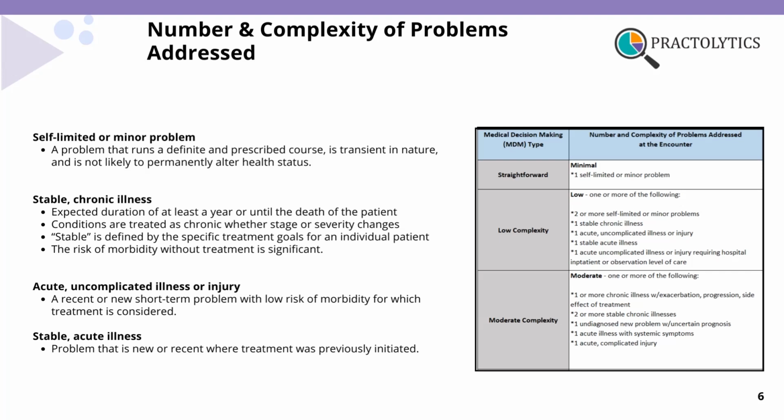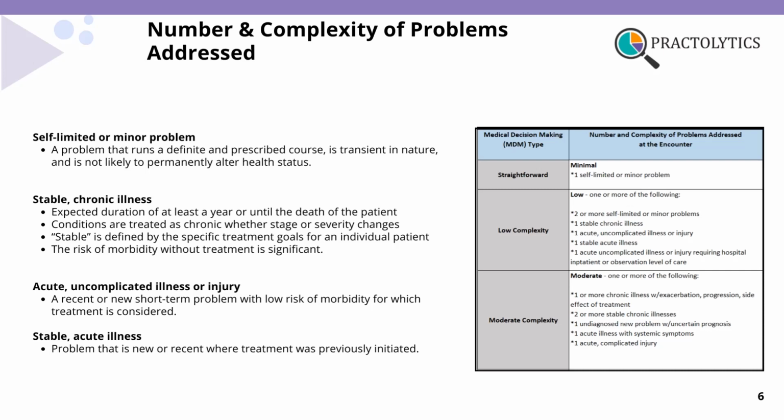Now, the next definition is acute, uncomplicated illness or injury. A problem that is normally self-limited or minor, but is not resolving on its own and is consistent with a definitive and prescribed course, is considered an acute, uncomplicated illness.